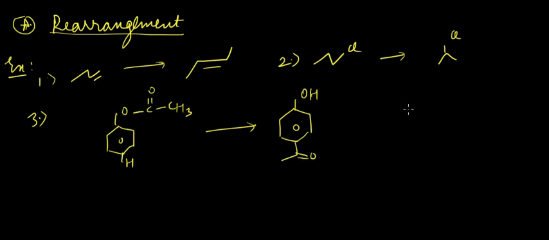Rearrangement type of reaction takes place in isomers. The change in position of a multiple bond, functional group, atoms, or groups within a molecule is called a rearrangement reaction.